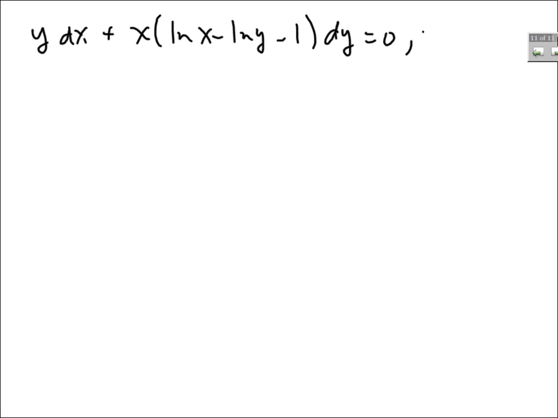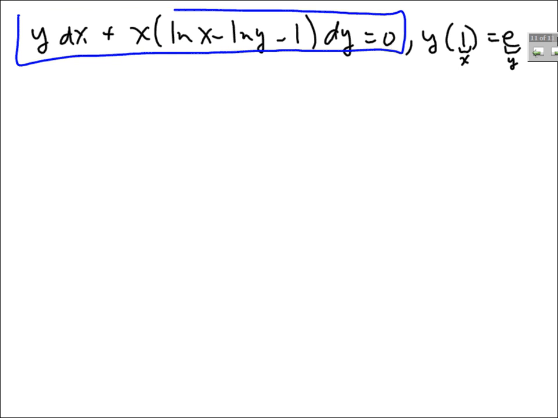You are told that the y value at 1 is e. This is an x value, and that's a y value. And I'm also giving you that this equation is homogeneous.